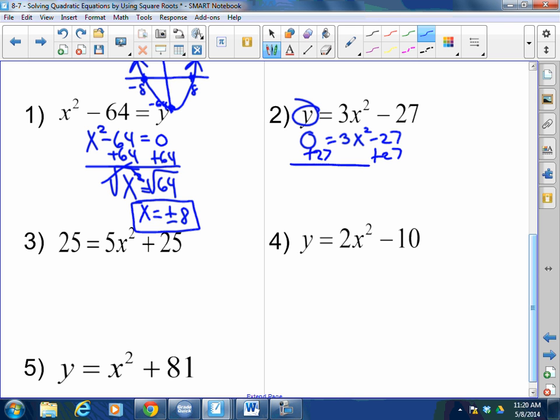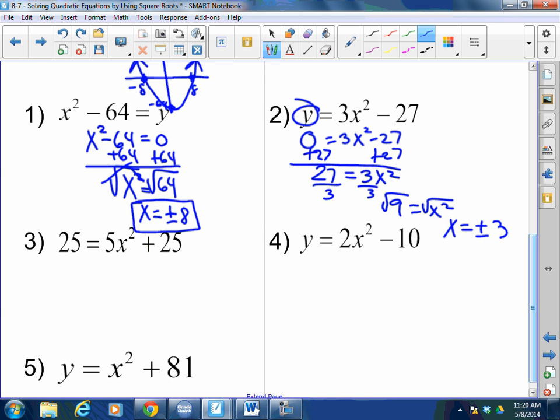So add 27. Now what? Divide by 3, thank you. 9 equals x squared. Square root both sides. X equals plus or minus 3. Makes sense? Okay.